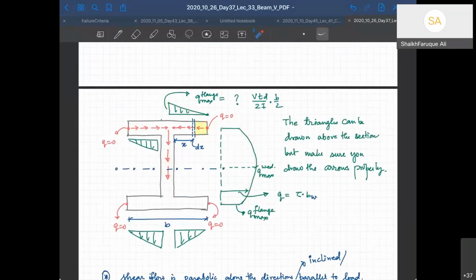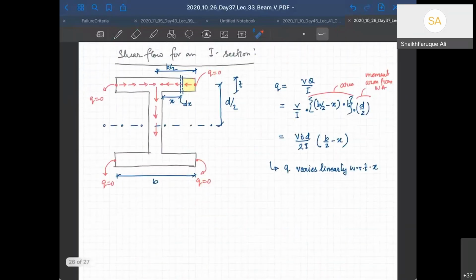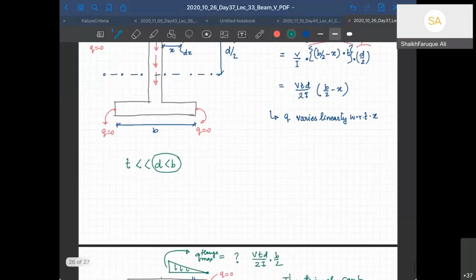And remember that these are all possible because we have assumed thickness t is much lower than b or d. That assumption is very important. So it's called a thin walled section.